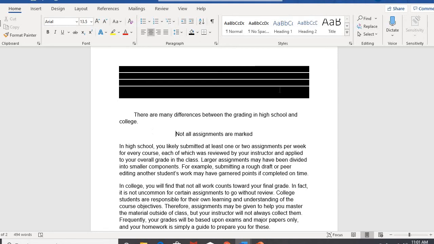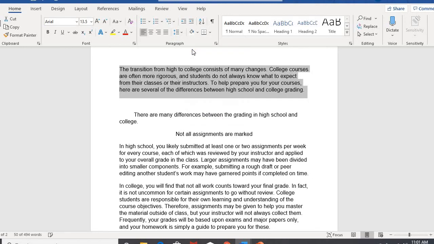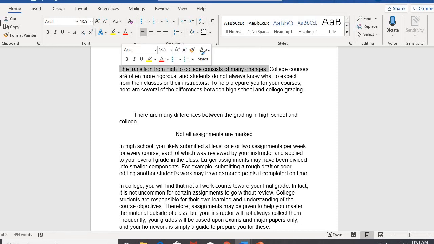There are several differences. You all know how I love that, but that really sums it up. If I uncover what I originally hid here, it gives you what they would have used as their thesis statement.